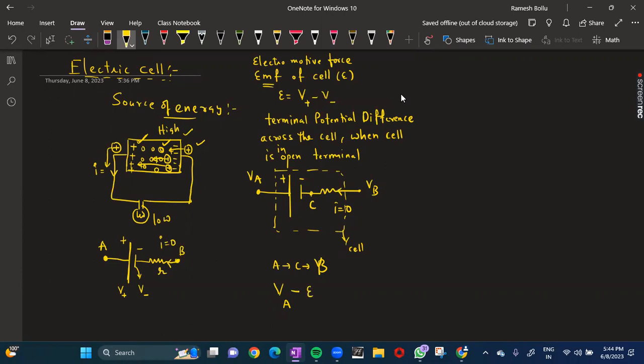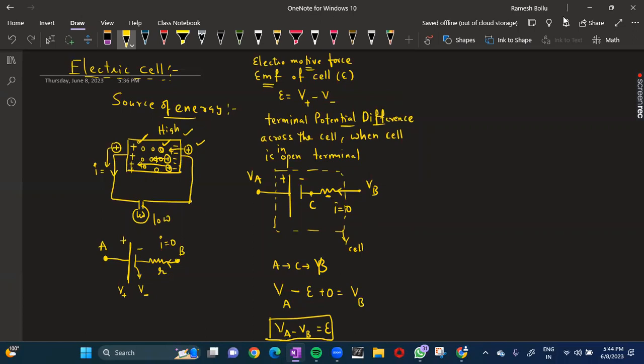I told you, E. And in the resistor, no current is there, na. So what is the potential difference? 0. Finally, that equals VB. What can we write? VA minus VB equals E. When the cell has open terminals, the terminal potential difference is called the EMF of the cell.